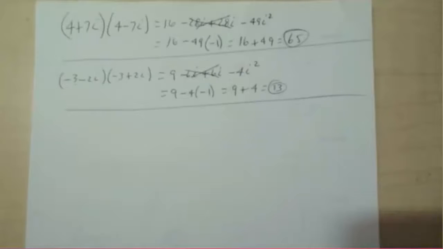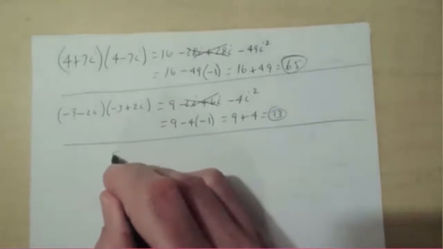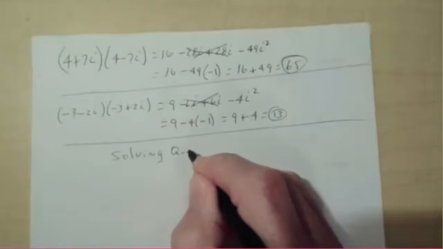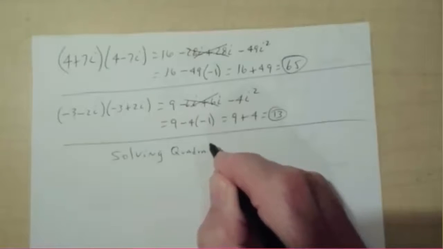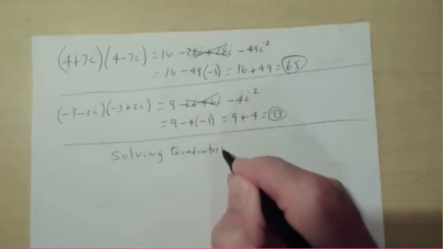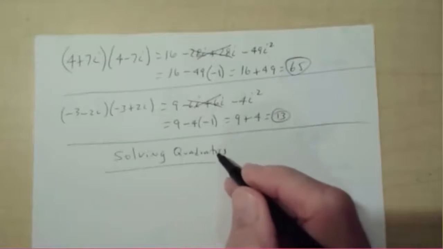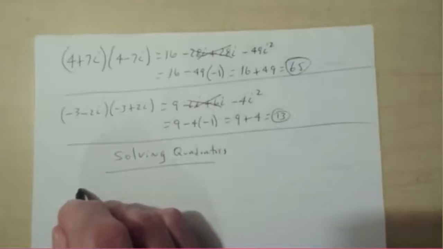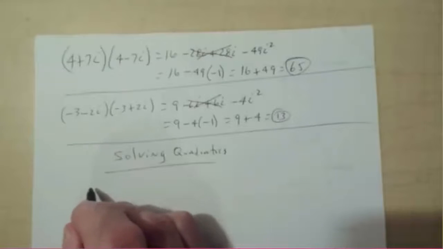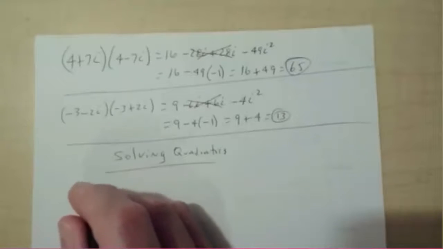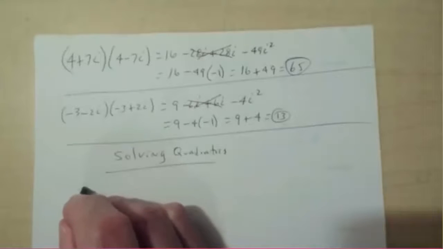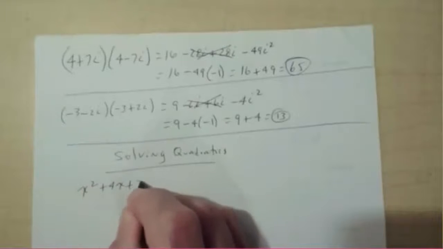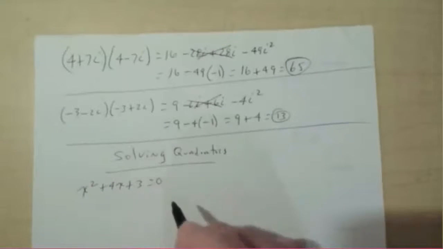Yes, solving quadratic equations. This is real simple. Very, very easy. So if you're given that you want to find the solutions to this, x squared plus 4x plus 3 equals 0.